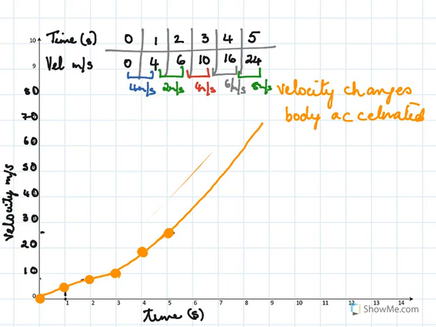So there is no constant change. In 1 second the velocity increases by 4, in the next second by 2, then again by 4, then by 6, and then by 8. So the velocity does change, but not uniformly.